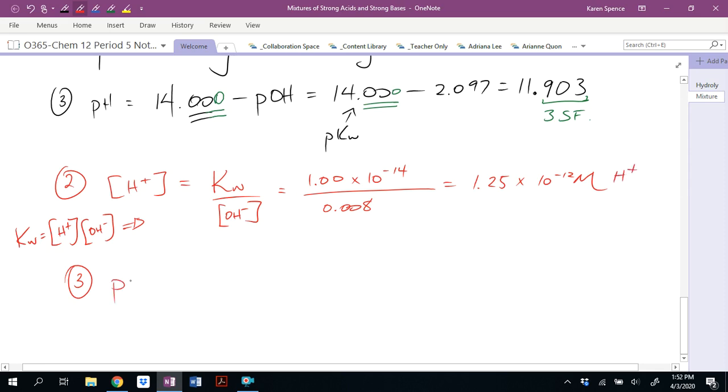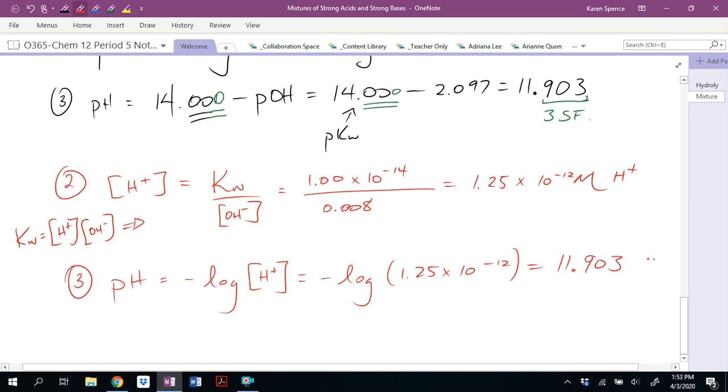And so now we need to find the pH, which is the negative of the log of concentration of hydrogen, and then that's going to be negative log of 1.25 times 10 to the negative 12, and that equals, hopefully it should be the same as our other answer. Oh, look, it is, yay, 11.903. 11.903, and we are done. Yay, happy day. Whee.